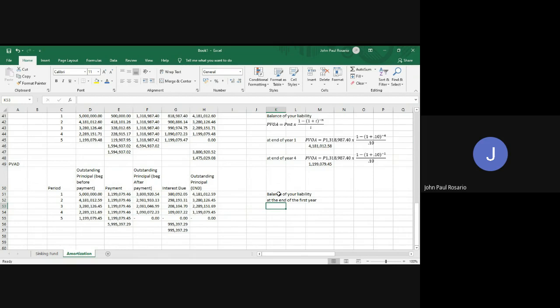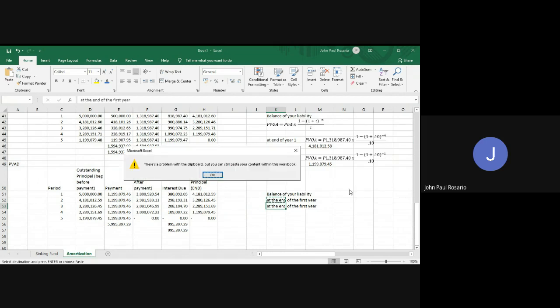So at the end of the first year, we will still be at the end of year one. That's the first year.